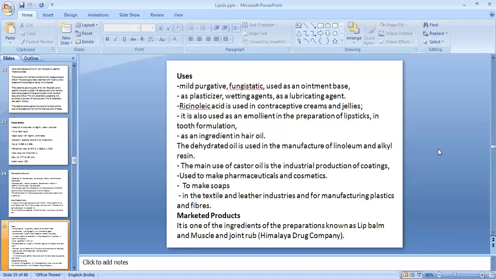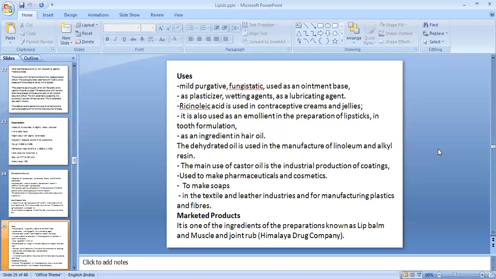Usually in the villages, they apply castor oil once a week to the hair, and then they take a head bath. So that's why in the olden days or in the villages, the hair growth was very good, and they used to have very long and thick hair.